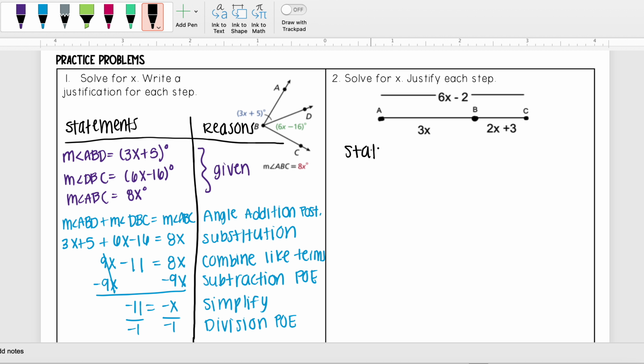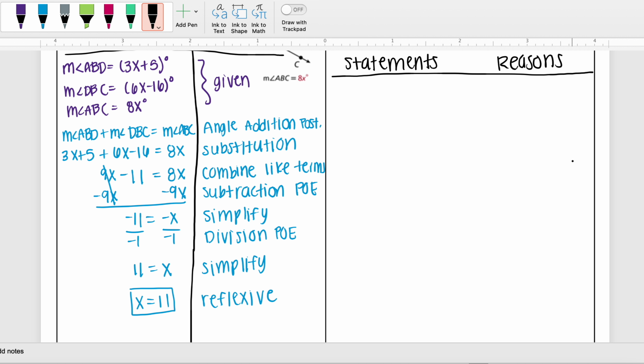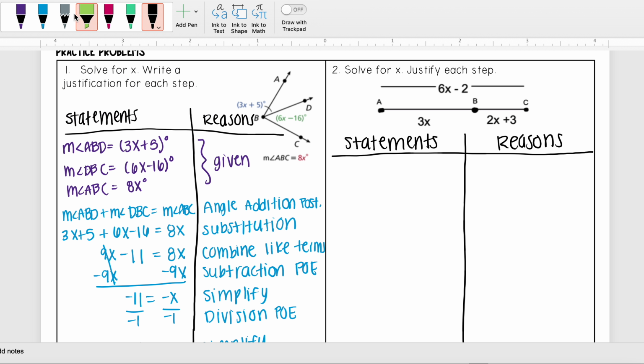So my statements and reasons. So first I want to start with my given information. So you always know that your first reason is given. You can even write that in very first hand. So now I need to see what I'm given.